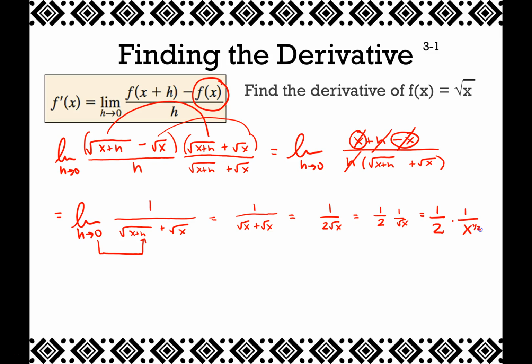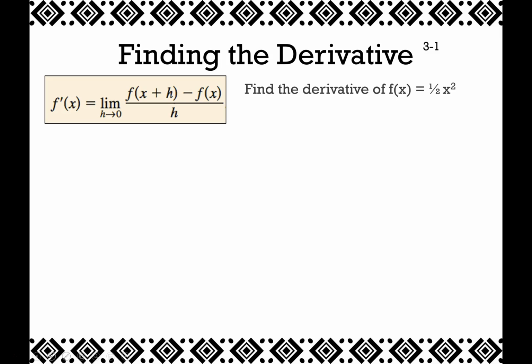We should all know that the square root of x is the same thing as having x to the 1/2. But if I want to bring that up to the numerator, now that's going to be equal to 1/2 times x to the negative 1/2. And so we could write that just like that if you'd like. And we will come back to this problem. We'll be able to do this problem in about 2 seconds later, but for now we're doing it this method.